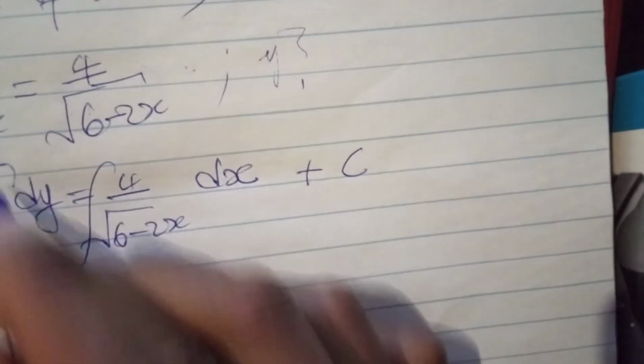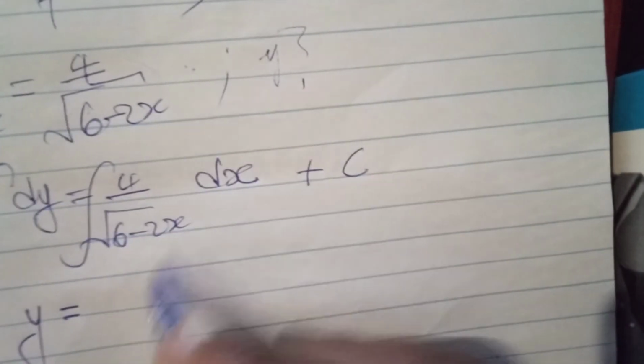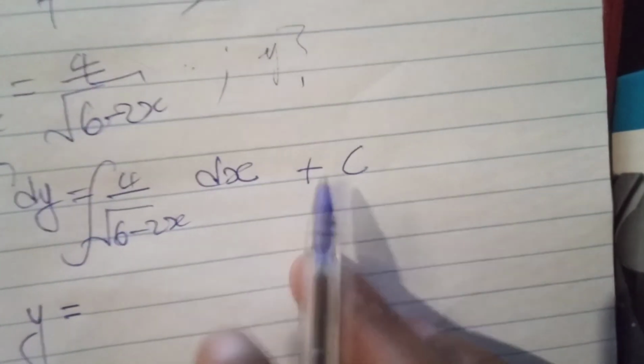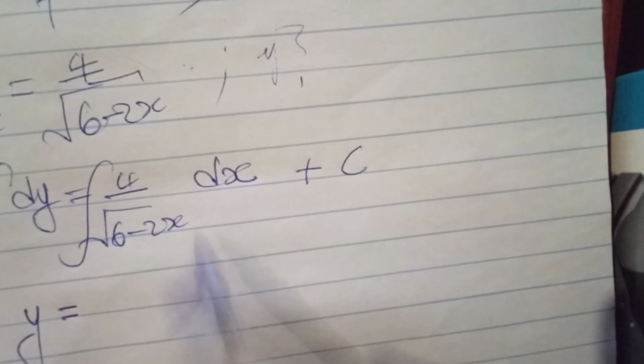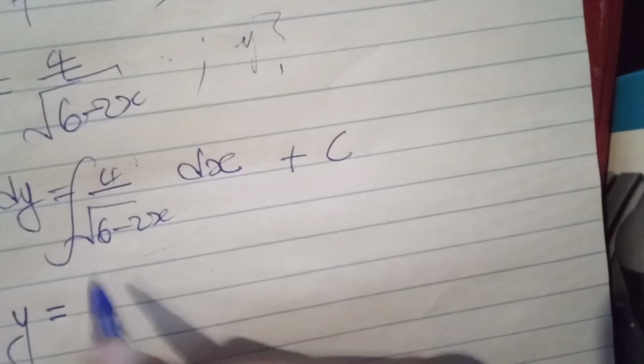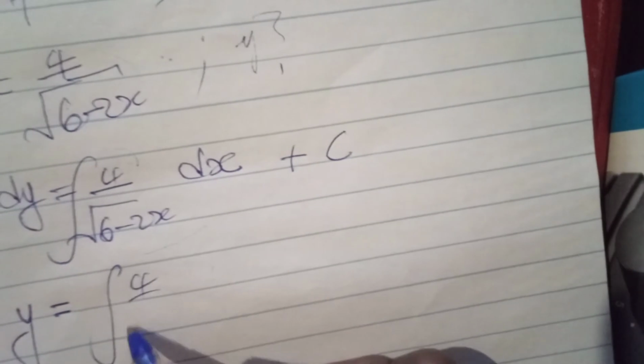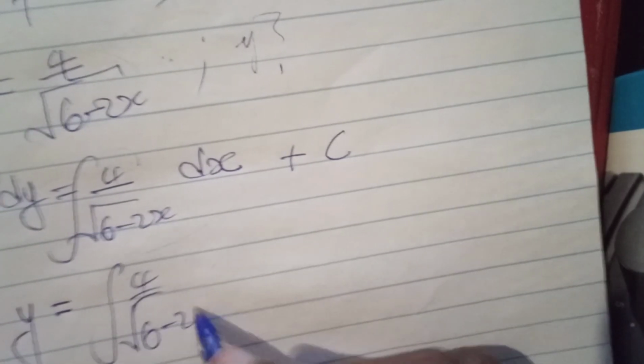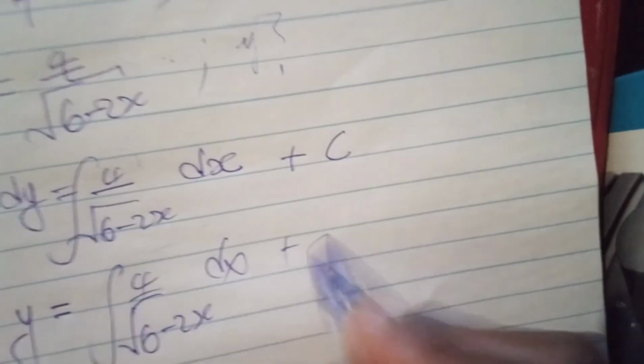On this side we'll have y, so we need to find this integral, the integral of 4 over the square root of 6 minus 2x dx, plus a constant.